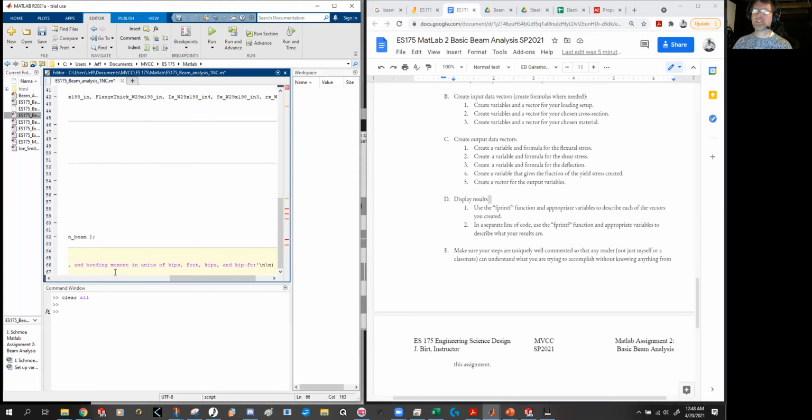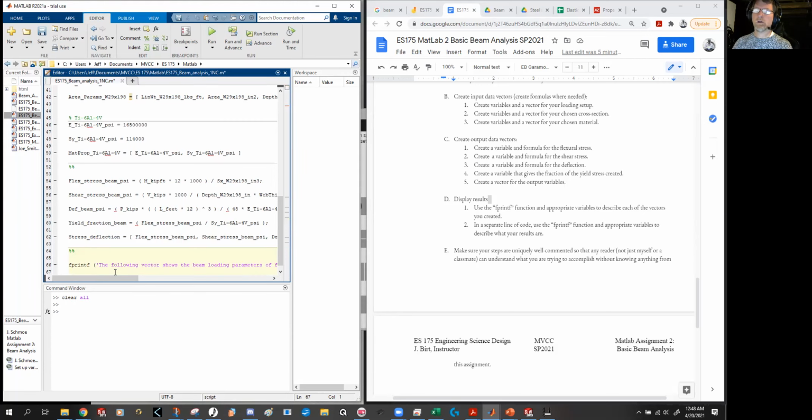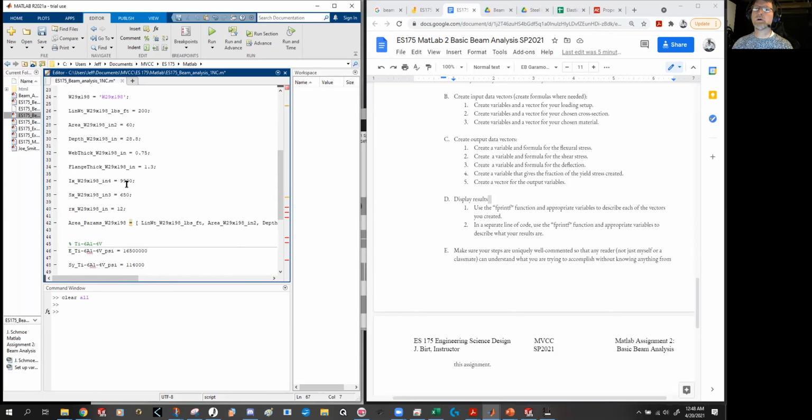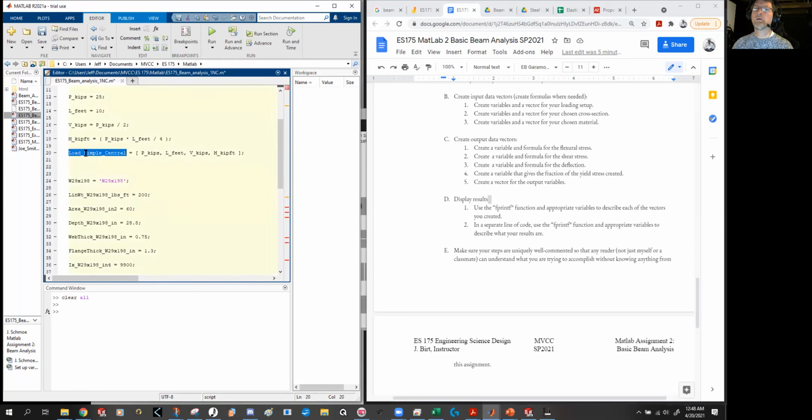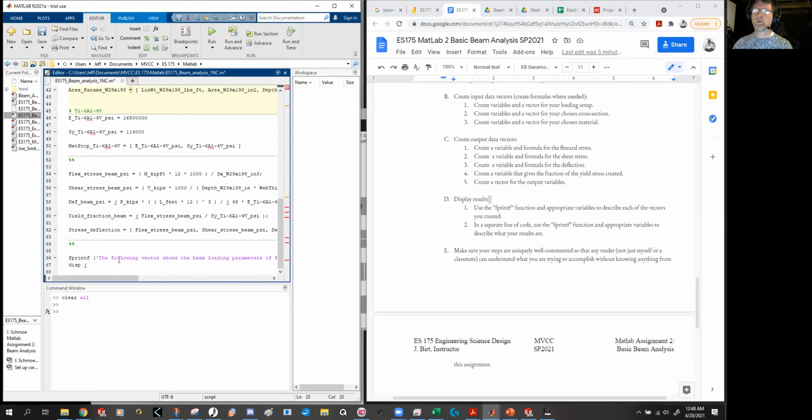Yep. Watch out for that single quote. Don't put the double quote in there because Lord knows we can't have that. All right. And then we're just going to display the, what's that load vector called? There it is.